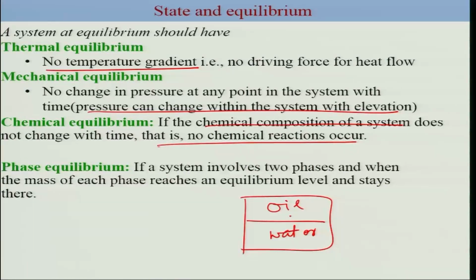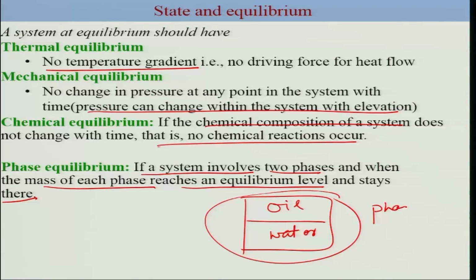They will be considered to be at equilibrium, because they will meet the thermal equilibrium, they will meet the mechanical equilibrium, as well as they are in two different phases. So hence a phase equilibrium is a system which involves two phases, and when the mass of each phase reaches an equilibrium level and stays there. So this is an example of phase equilibrium.